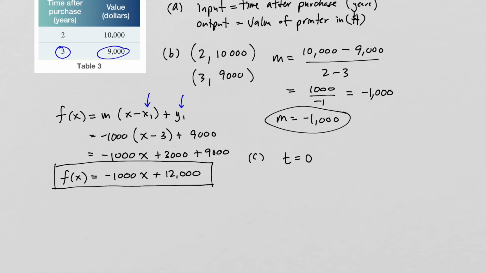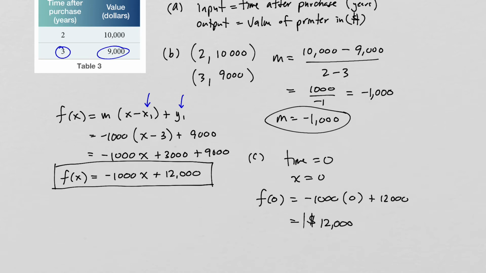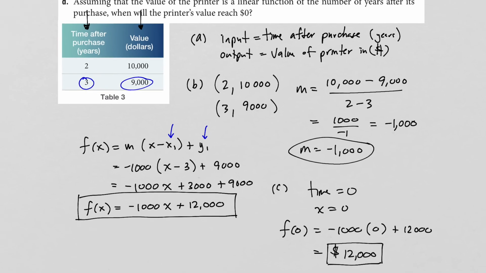X represents our time, so we're going to say x is 0. So f of 0, the value when it's brand new, is -1,000 times 0 plus 12,000, and this is equal to $12,000. So that was the value of the printer when it is brand new.